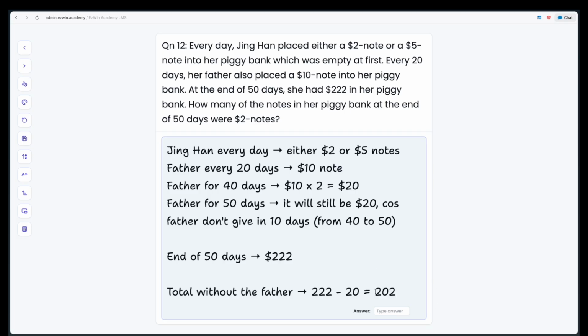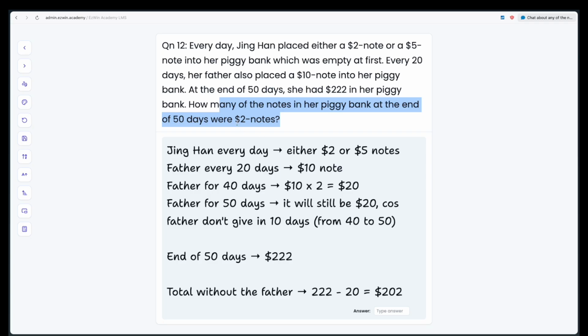So from here, since we know that she has either $2 notes or $5 notes, how many of the notes in the piggy bank are $2 notes?